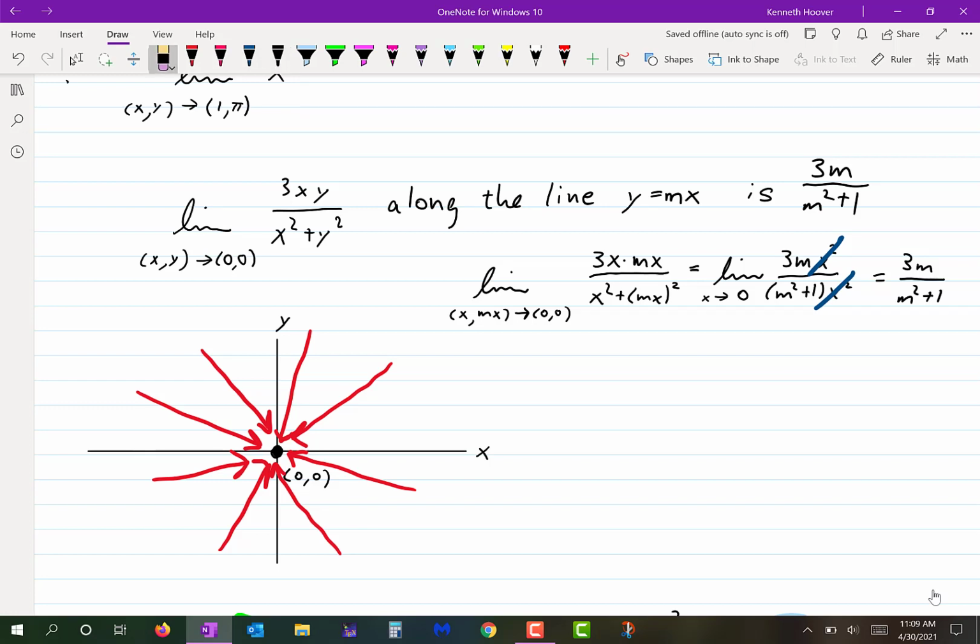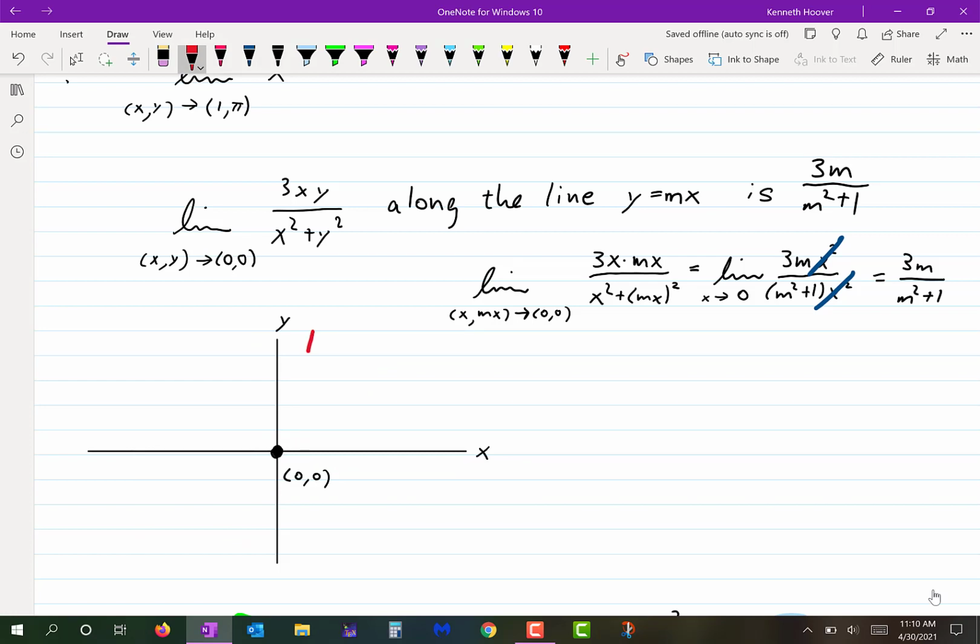That tells me that the limit overall does not exist, because, for instance, let me erase some of these red lines. Well, we did this one already.